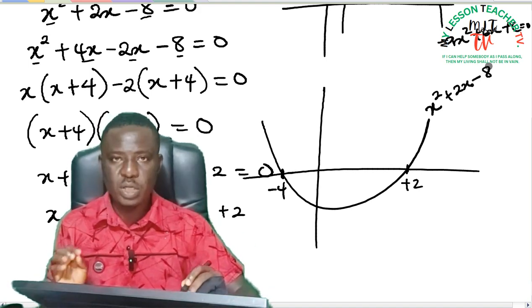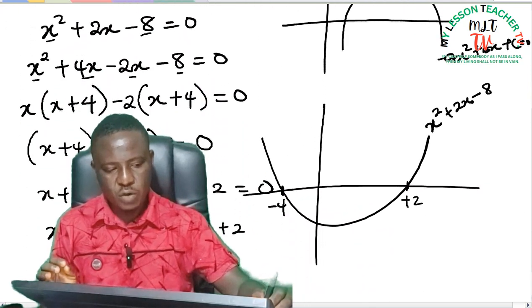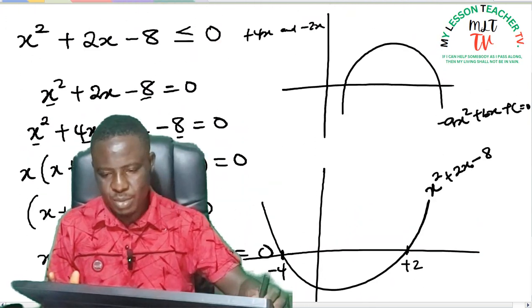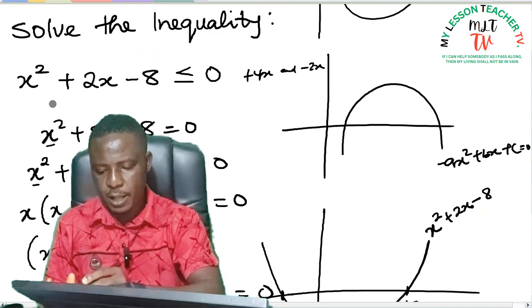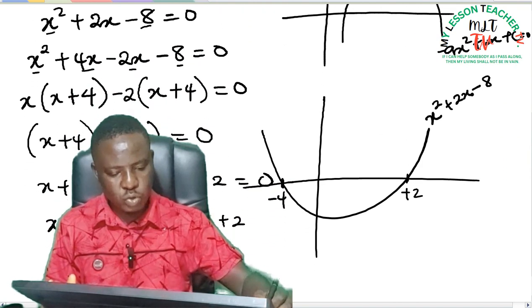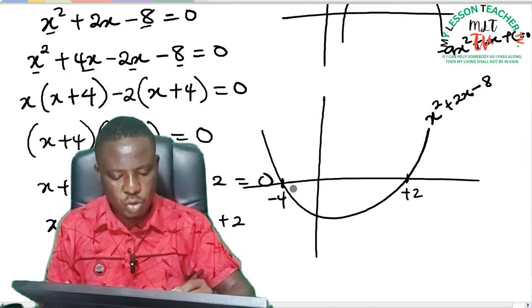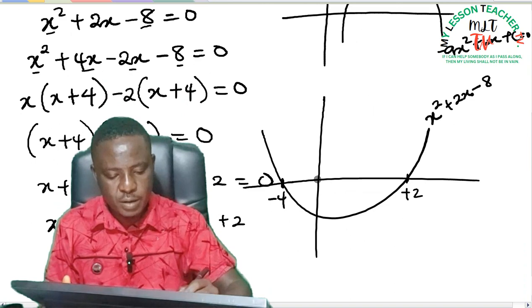Now, the question says we should solve the inequality. Solving the inequality simply means we should find the region where this expression is less than or equal to 0. And that region is the region that falls under the 0 mark.